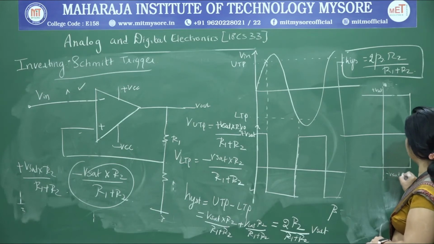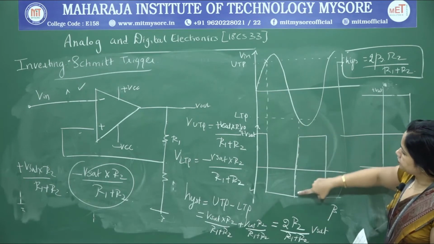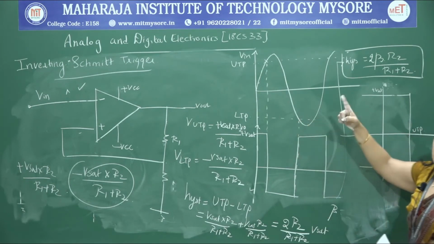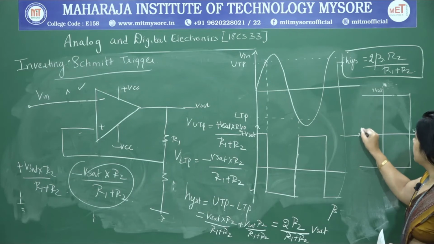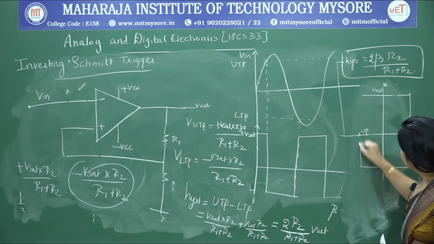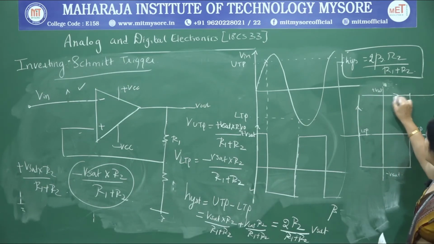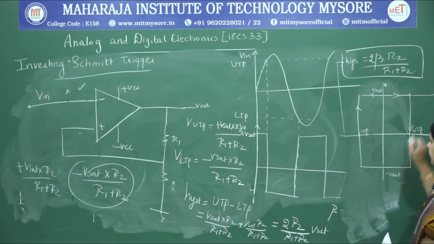Now it continues to be in minus Vsat till the input falls below your lower threshold point. When the input falls below the lower threshold point, what happens? It moves to the positive saturation. So this is how your hysteresis curve looks.